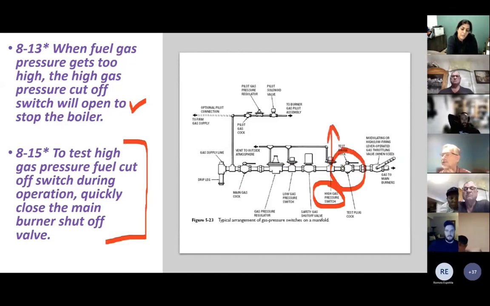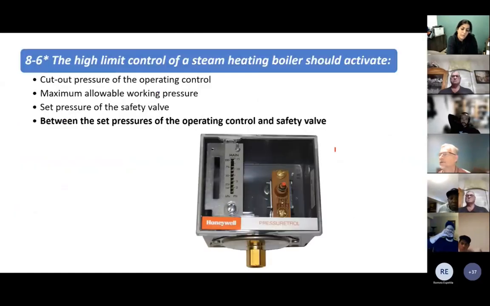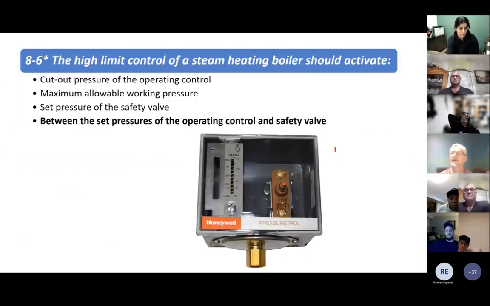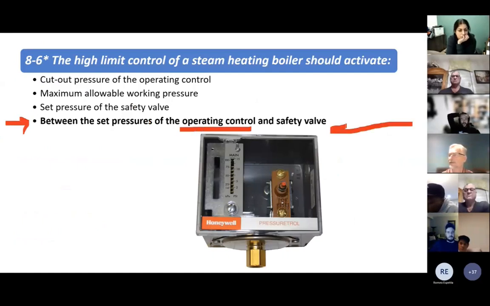So you'll spike the pressure to the switch and shut the burner down. High limit control of a steam heating boiler should activate between the set pressures of the operating control and the safety valve.